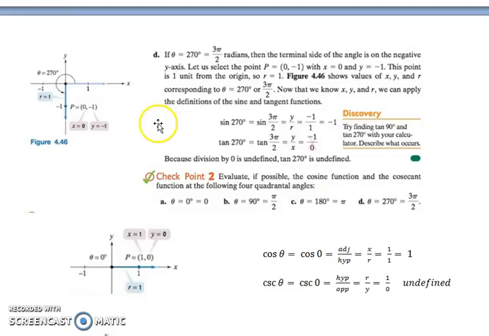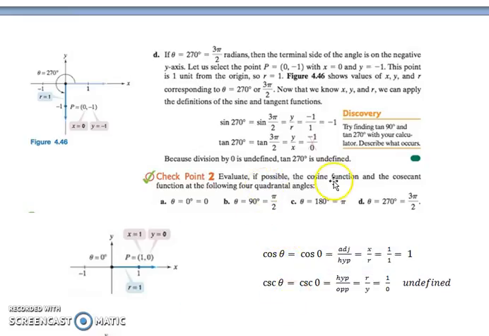For the tangent, again, we're going to have negative 1 over 0 because it's y over x. So you get negative 1 over 0, which is undefined. Okay? And if you put the tangent of 90 or the tangent of 270 in the calculator, it'll give you an error message.